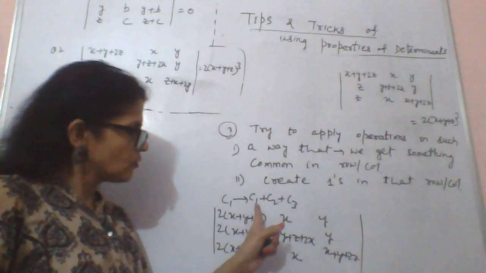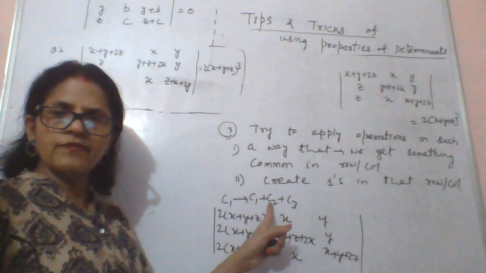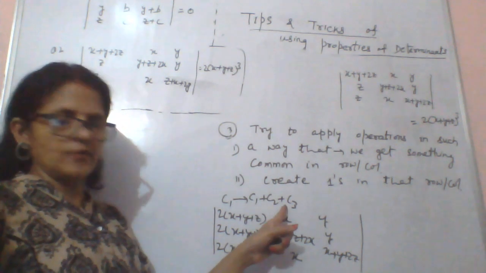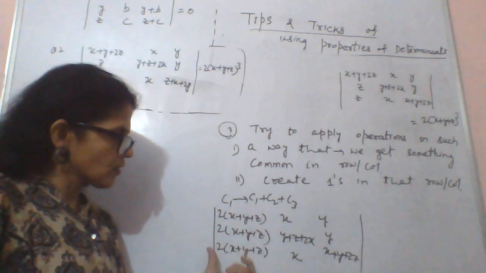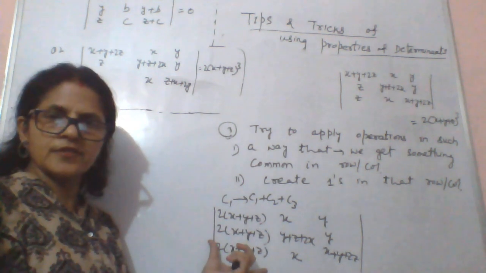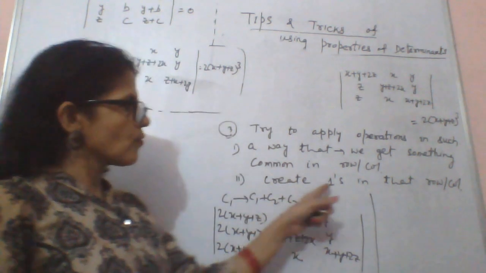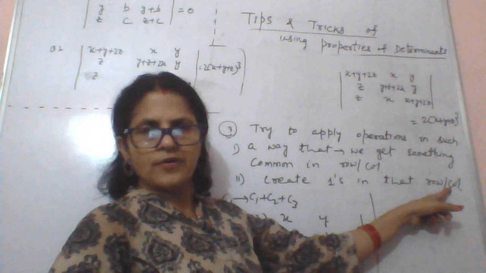It means to C1, the first column, we are adding the second and third columns. We apply it in such a way that we get something common in the first column. Then we can create ones in that row or column.